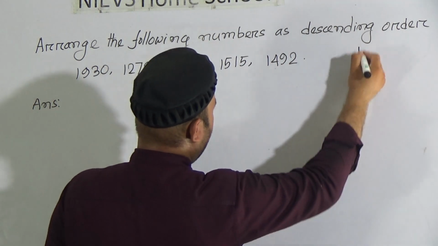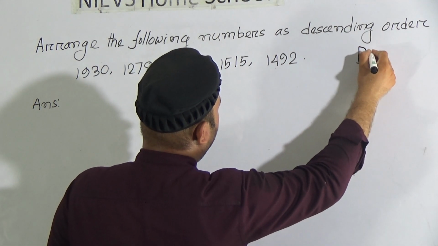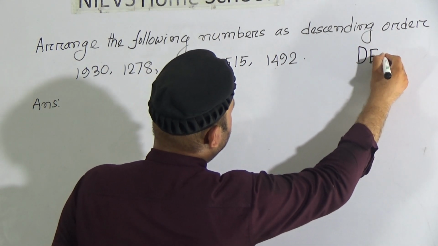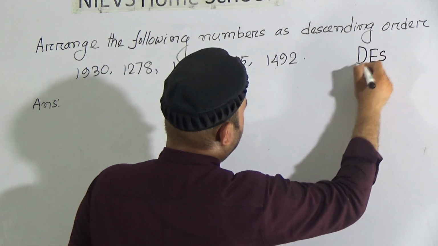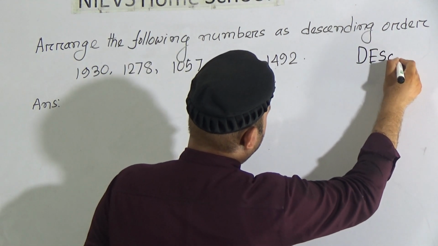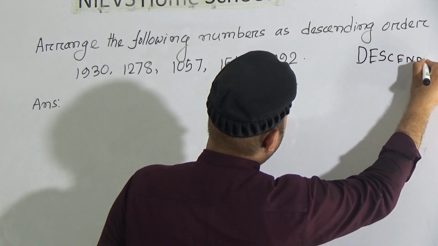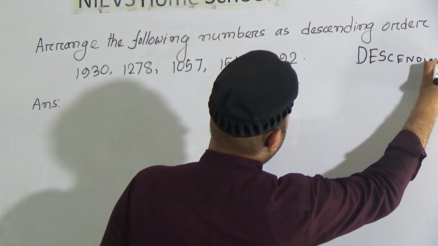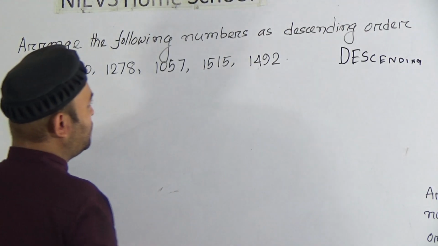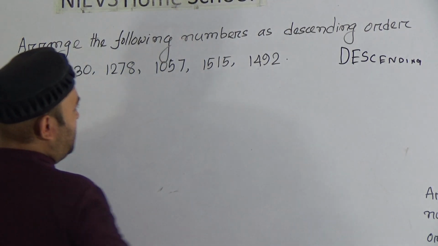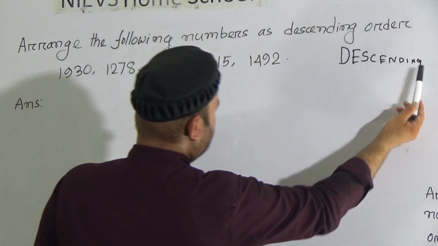Descending order means you have to arrange numbers from larger to smaller. That means you have to arrange some numbers from larger to smaller.